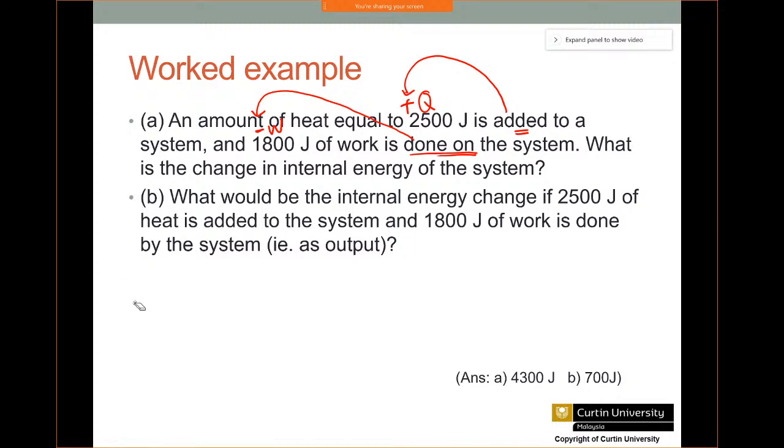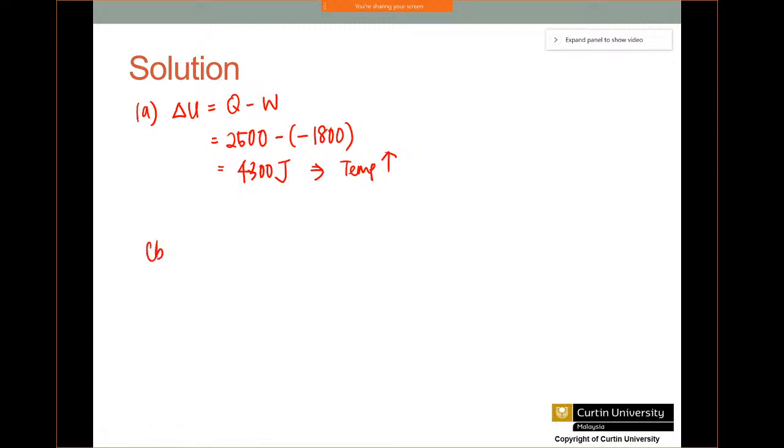Now look at question B. What will be the internal energy change? Now the heat is added to the system, so added means positive, and now the work is done by the system, which means this is positive work done. Let's calculate our new delta U. Positive work done 1008, and it will be 997 joule only.